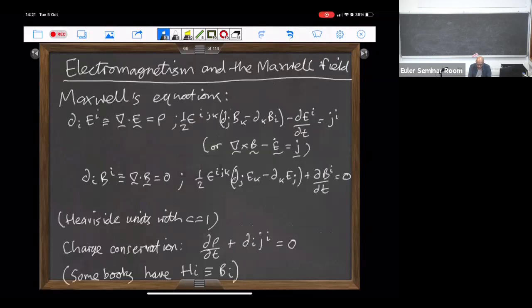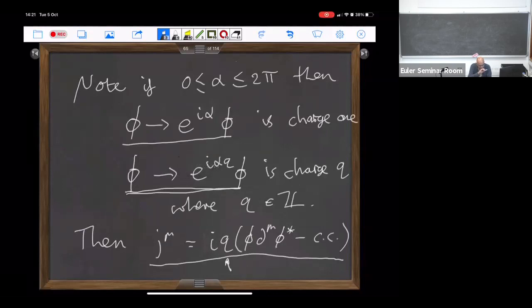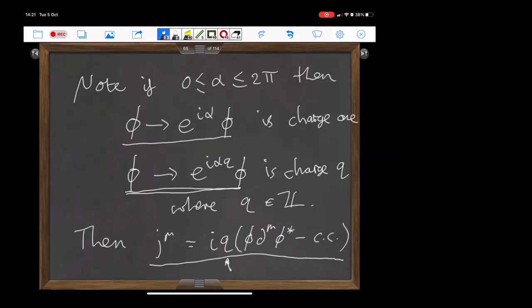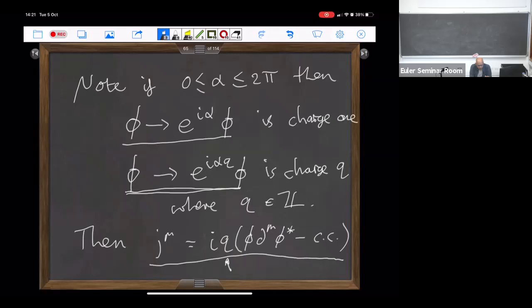Sure. Is there any reason why the charge must be an integer? It could be an arbitrary real number, right? Well, a mathematician would tell you that the representations of U1 are given by integers.